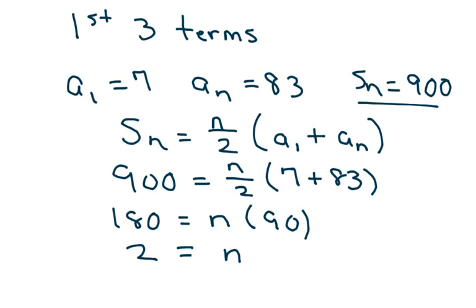I don't know what I did here, but this should have been 1800. So 1800. So n is 20. And we're going to have to find the common difference to find the first 3 terms. So to find d, I'm going to use this formula.